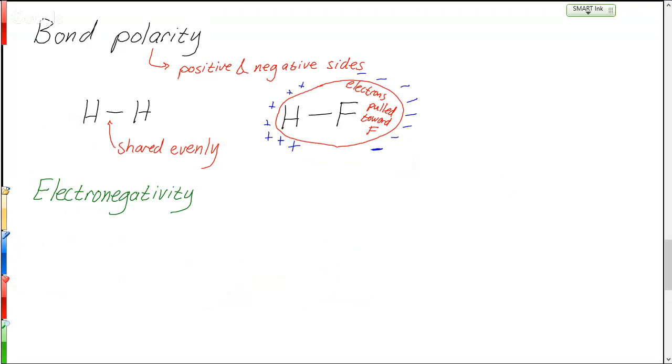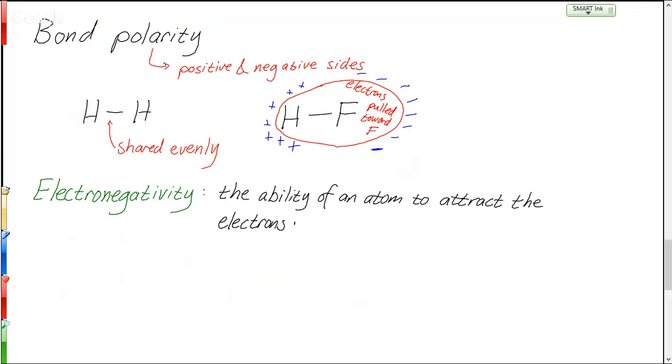Electronegativity we define as the ability of an atom to attract the electrons in a covalent bond.